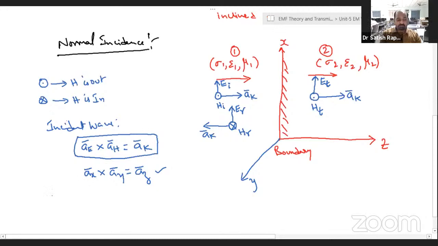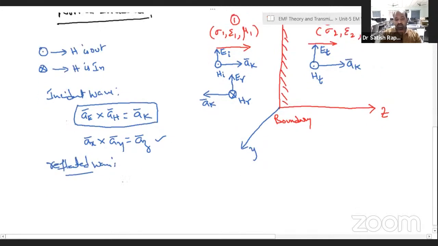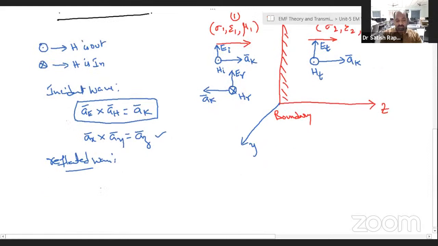And similarly, if you consider a reflected wave, what is the direction of the electric field? For a reflected wave, the direction of the electric field is unchanged, Ax bar, right?